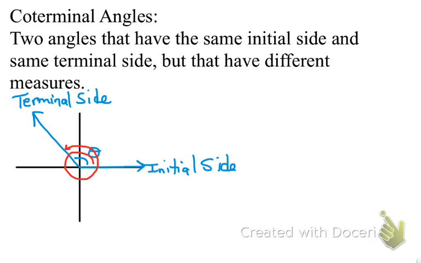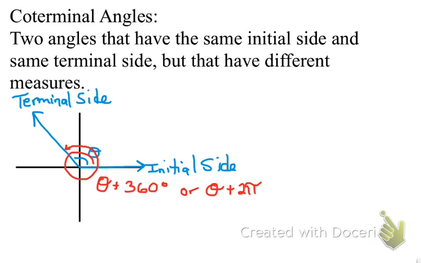In fact, it's the angle theta plus a full rotation around the origin, which is 360 degrees, or in the context of radians, this new angle is theta plus 2 pi radians. These angles are different measures, but start at the same initial side, end at the same terminal side.